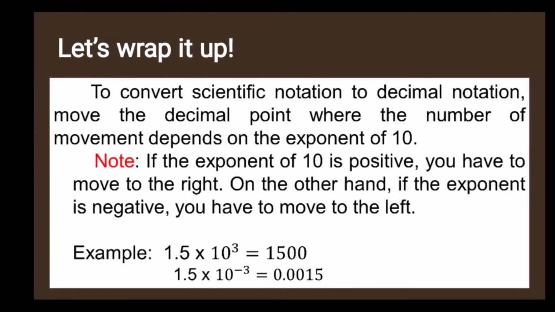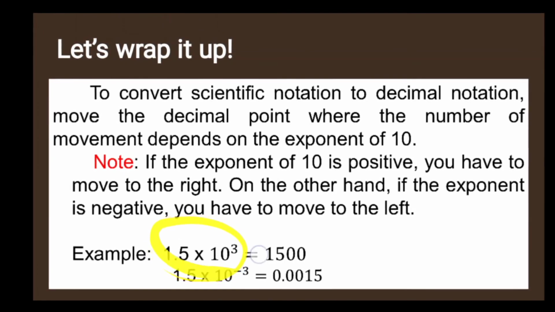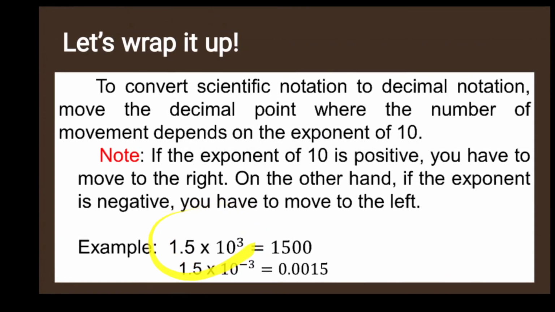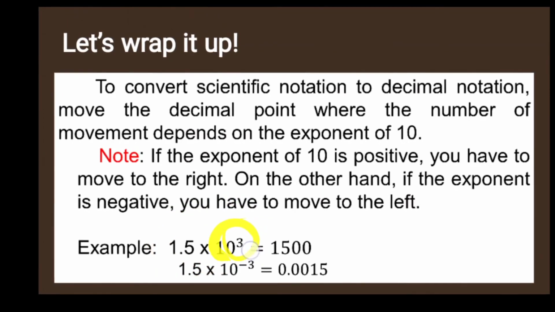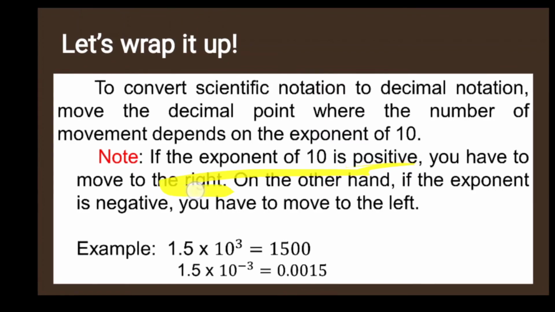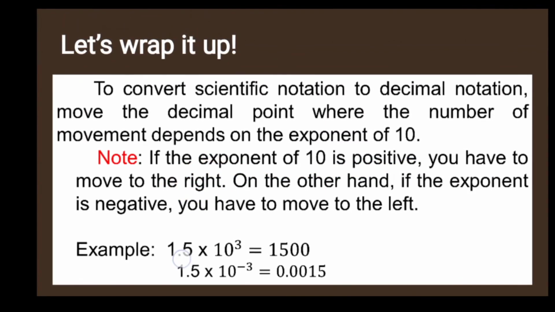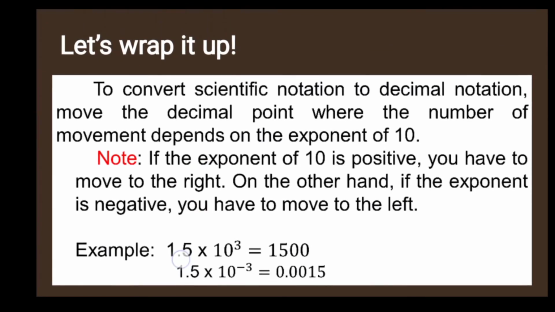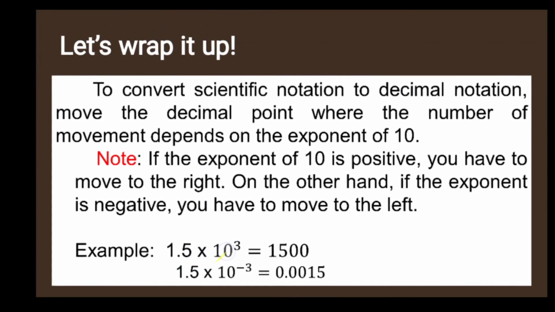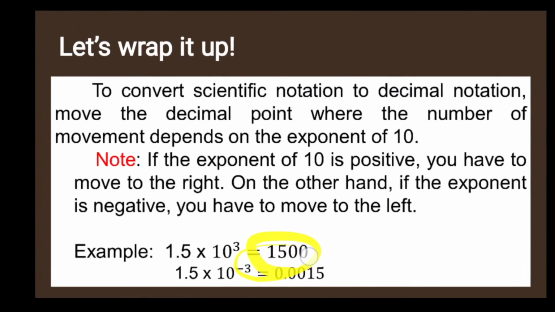Example, 1.5 times 10 raised to 3, or positive 3. This is scientific notation. It says that with a positive exponent, you have to move to the right. So, from here, we have to move 3 times to the right. 1, 2, 3. That is 1,500.